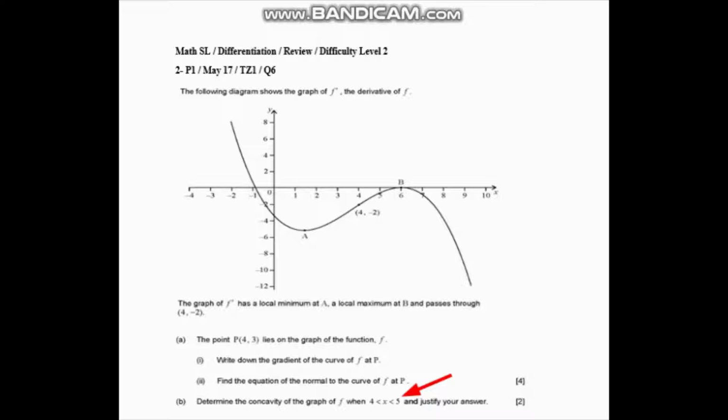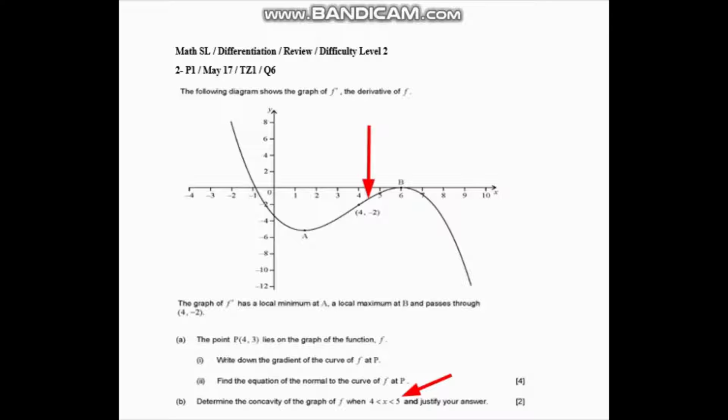So how do I figure out the state of f double dash in the region 4 less than x less than 5? By observing the state of f dash from the graph. In this region from 4 to 5, what is happening to f dash? Since f dash, the curve in front of me, is increasing, as x increases, y increases. So since f dash is increasing, hence f double dash is positive.